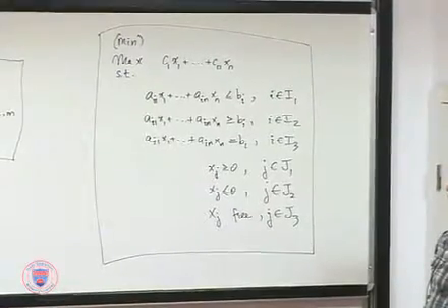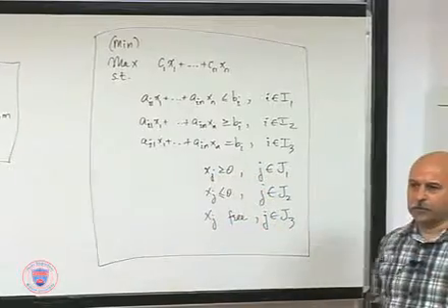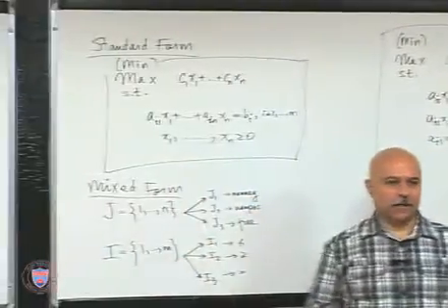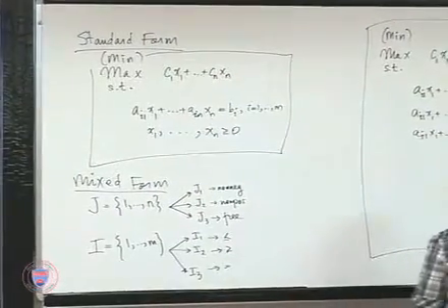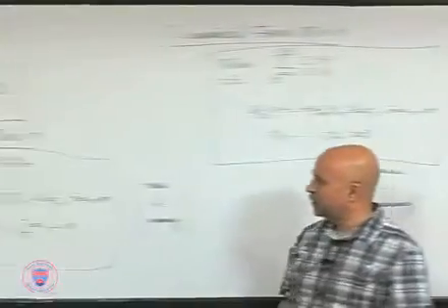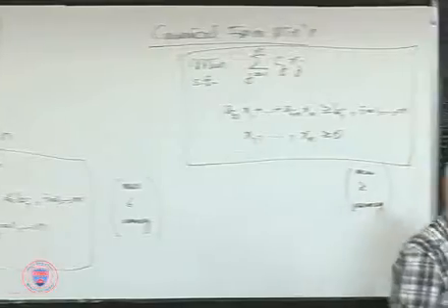It's possible to convert any mixed form, or any of the given forms actually, into one of the other desirable forms, as the situation may dictate. For example, in discussion of duality, the canonical form is more useful, or it comes more handy.